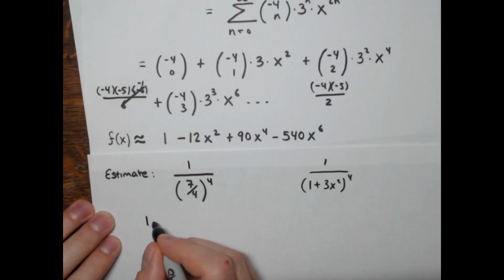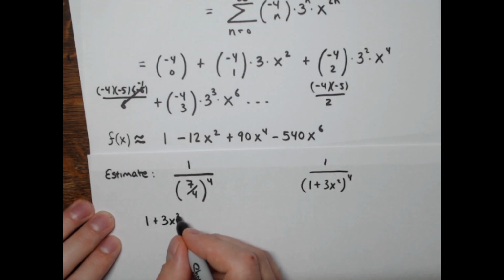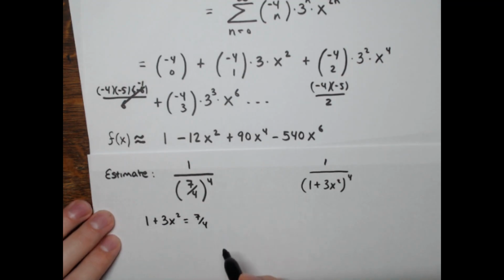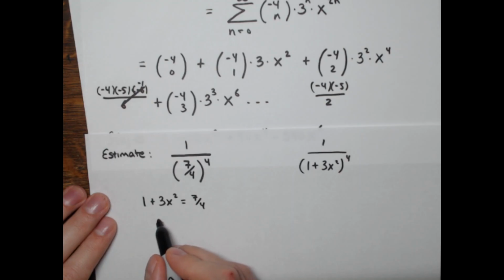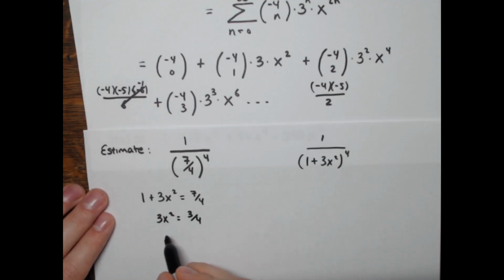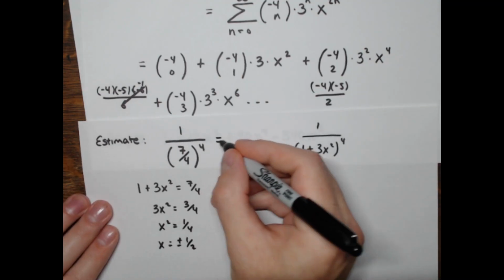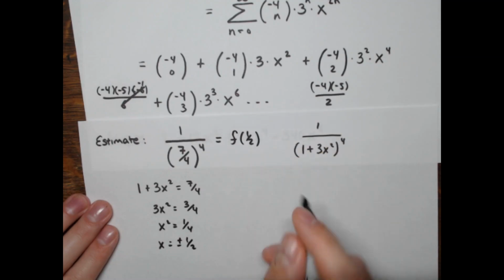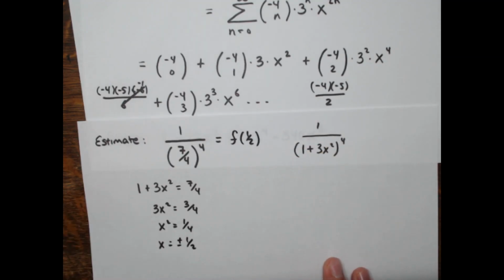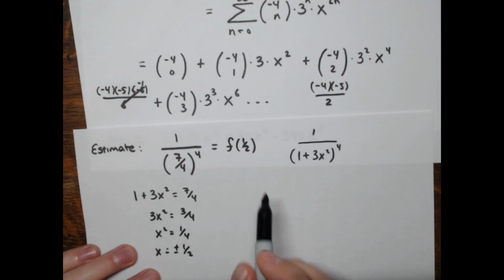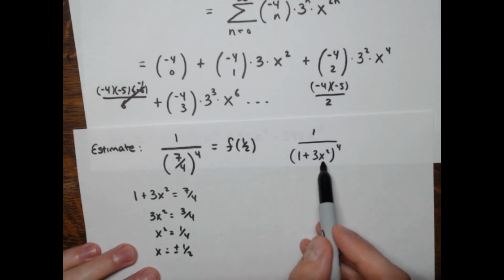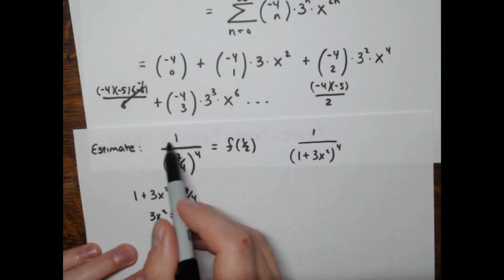Well, we have to figure that out, right? 1 plus 3x squared, when's that equal to 7/4? I would subtract 1, get 3x squared. Now that's 4/4, so that'd be 3/4, and so x squared would have to be 1/4, and so x would have to be plus or minus a half. I'll just use a half, right? So this is f of a half.